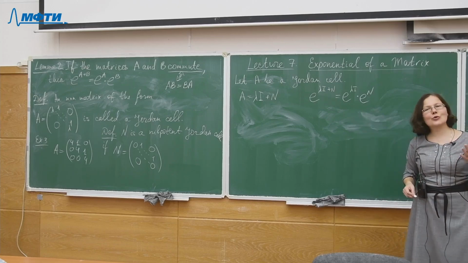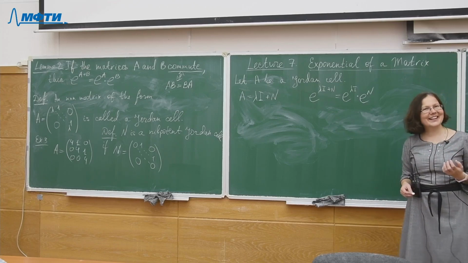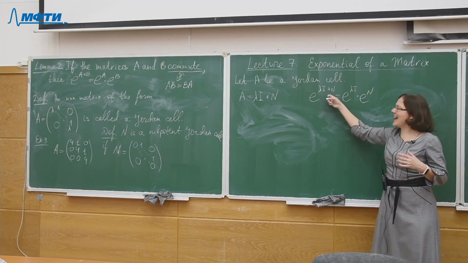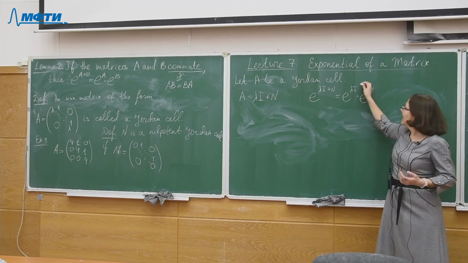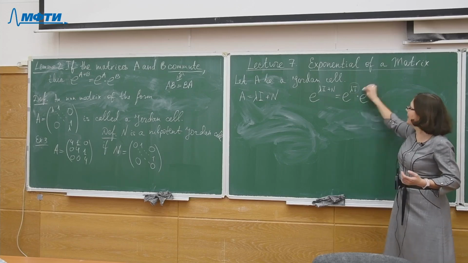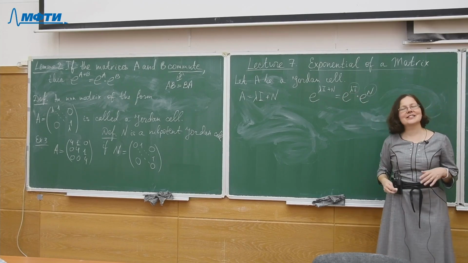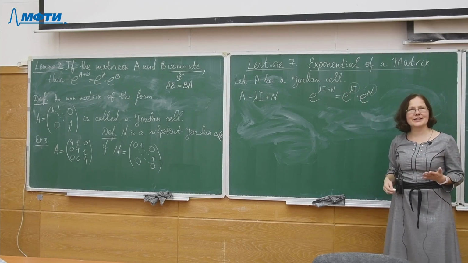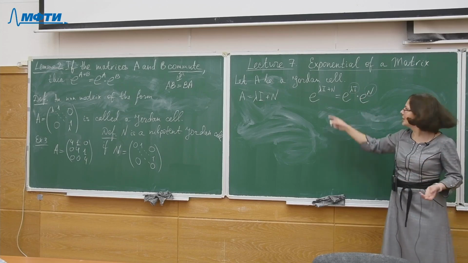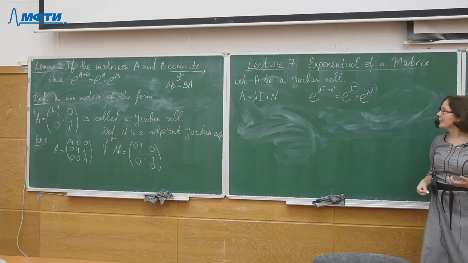Is it true for any two matrices? It is not true for arbitrary matrices, but we should check that these two matrices commute. Right, the identity matrix always commutes with any matrix. So these two matrices commute, and we can apply this formula.